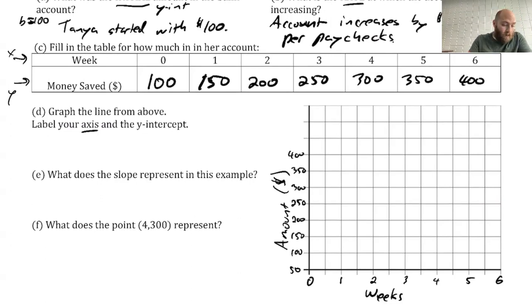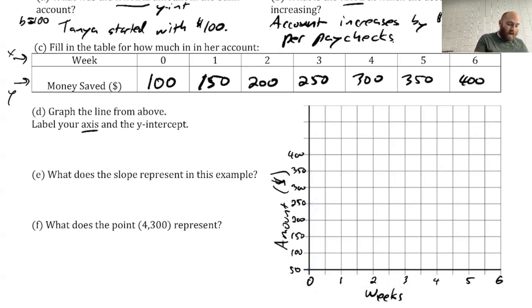A couple of things to mention. The space between each of these is always the same. I counted two lines for every 1 week. Same thing in the y direction. Every space here was worth 50. So you need to be consistent with your axes.